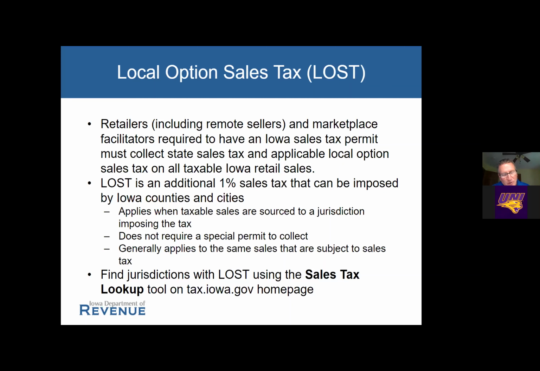Materials, with a few exceptions, are still going to have tax due, but it's usually the construction contractor who owes the tax on that. When they buy the materials, they're the ones that owe the tax. I don't want to get off track because sales tax for construction is a whole different ball game, so I don't want to confuse anybody. But the exemption I was talking about related to construction was for labor or for services only.